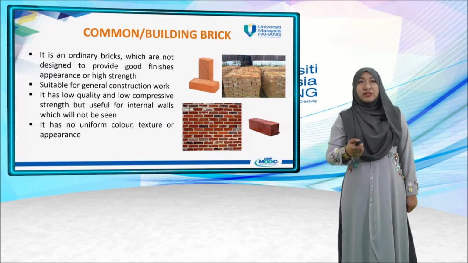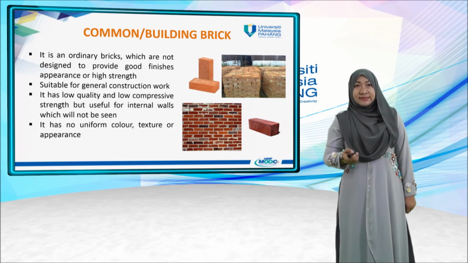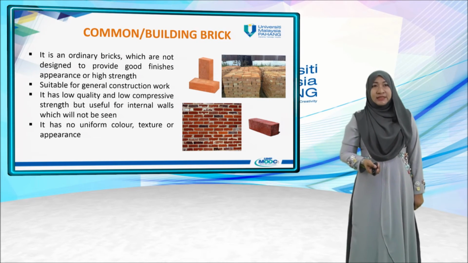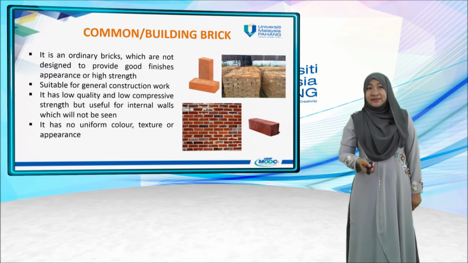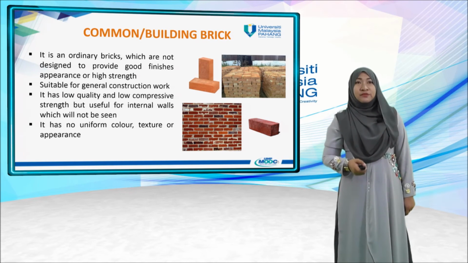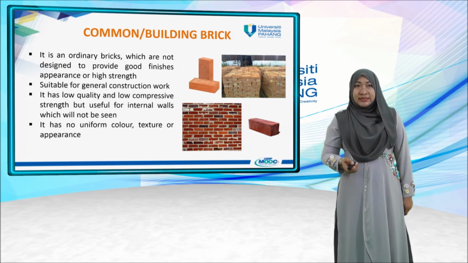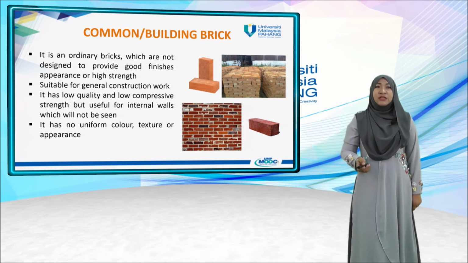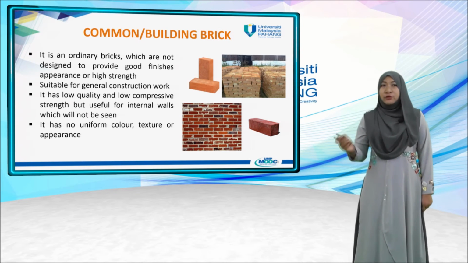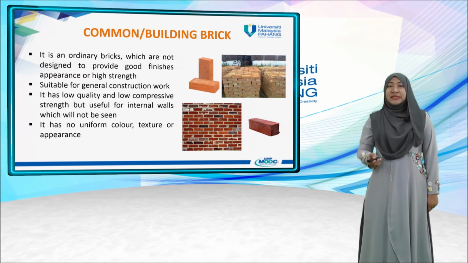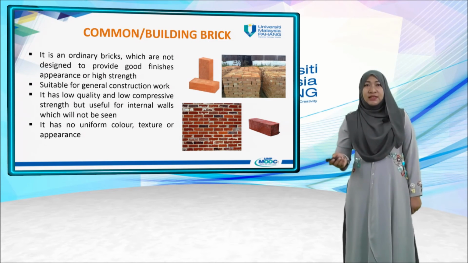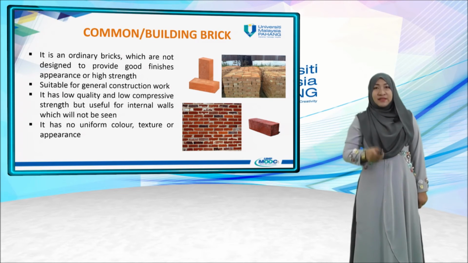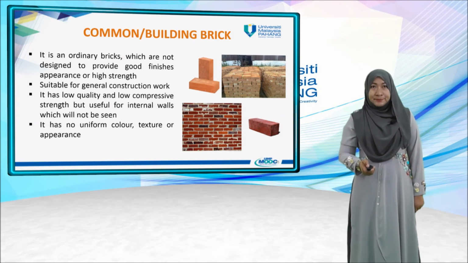It is an ordinary brick which is not designed to provide good finishes, appearance or high strength, and is suitable for general construction work. It has low quality and low compressive strength, but is useful for internal walls, which will not be seen. It has no uniform color, texture or appearance, as shown in the figure.